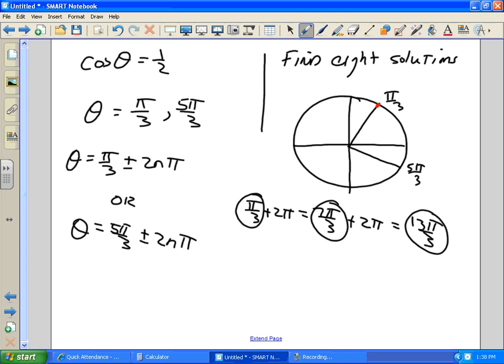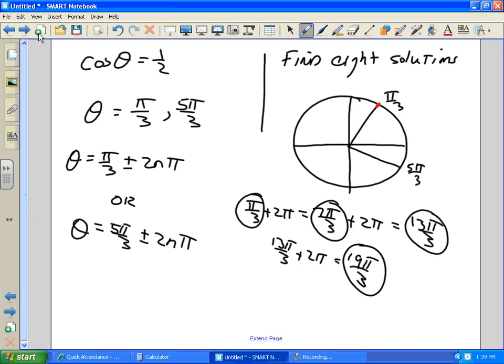There are 3 solutions, aren't there? One more. If I add 2 pi again, that's 19 pi over 3. Don't I have 4?